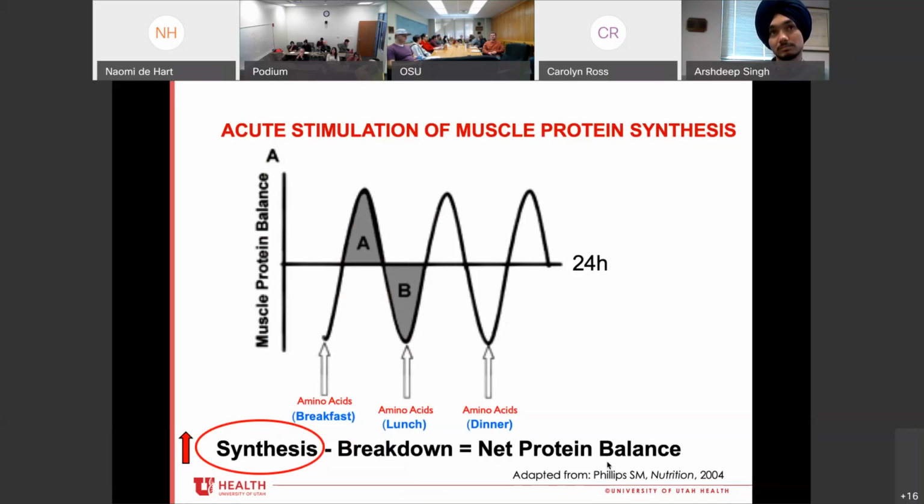That's a good question. The 20 grams is to maximally activate protein synthesis. You see an activation if you just give straight up leucine, or leucine as part of a protein matrix, with way less than 20 grams. But since we wanted to maximally activate it, that's why we used 20 grams.